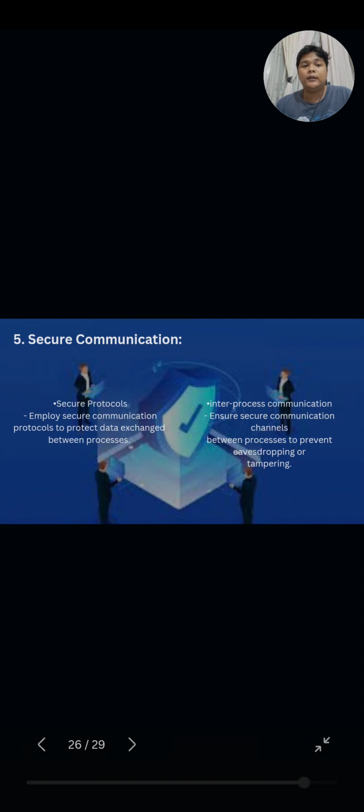Secure protocols. Employ secure communication protocols to protect data exchange between processes. Inter-process communication. Ensure secure communication channels between processes to prevent eavesdropping or tampering.